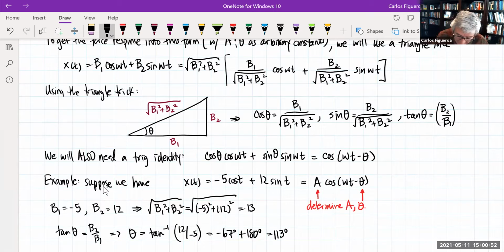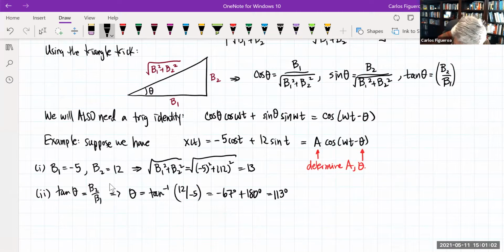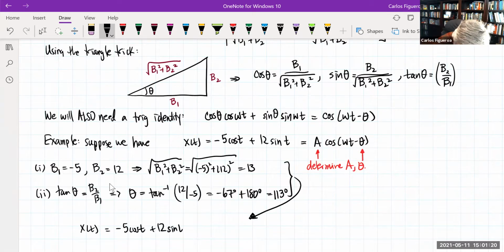So now that I've done that, you can see that I've dealt with the square root term and I've dealt with the angle. This tells me that I can write a function such that it looks like this. I have x of t, which started off as minus 5 cosine of t plus 12 sine of t.